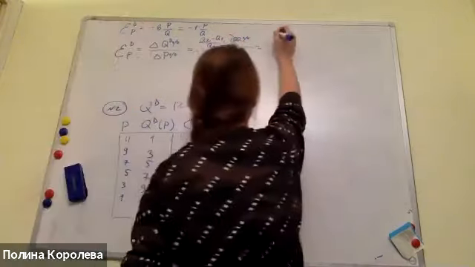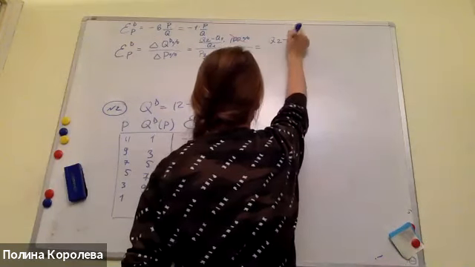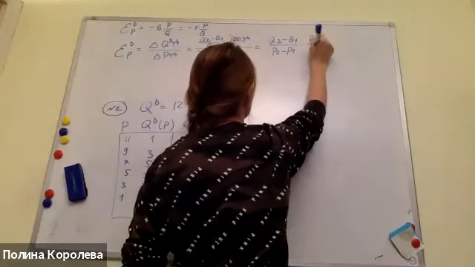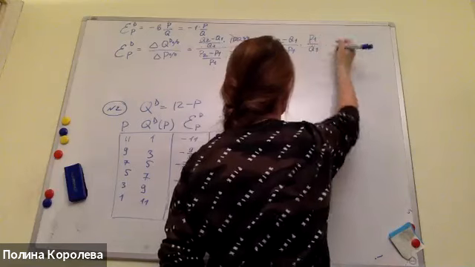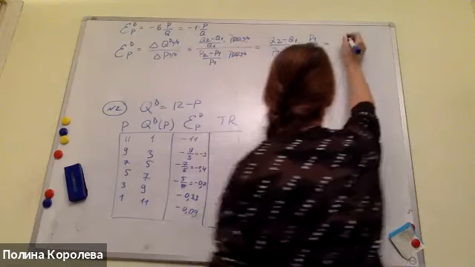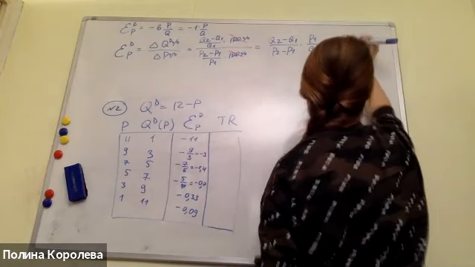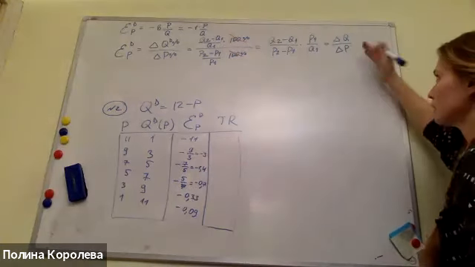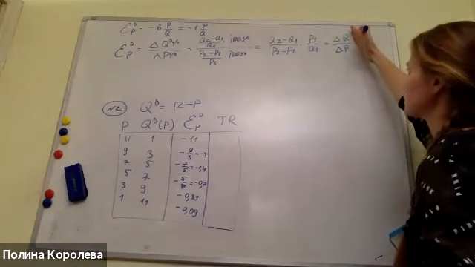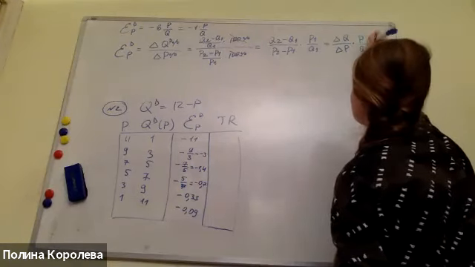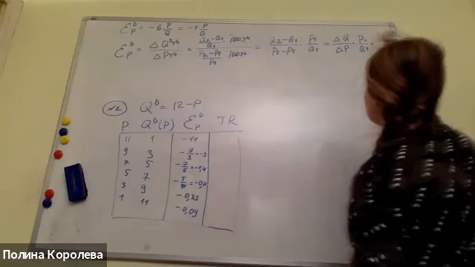What you will have is Q2 minus Q1 over P2 minus P1 multiplied by P1 over Q1. Also, we can write that this is change in quantity demanded over change in price, not in percent, but in dollars and units, multiplied by price over the quantity that we had first.